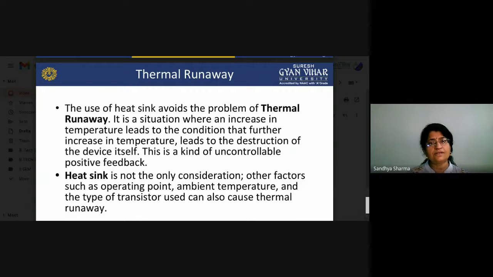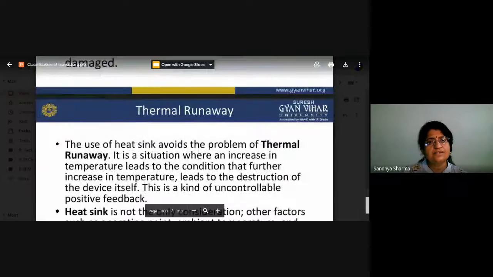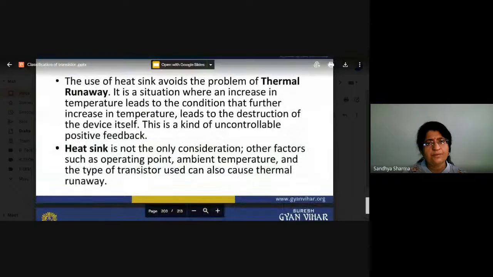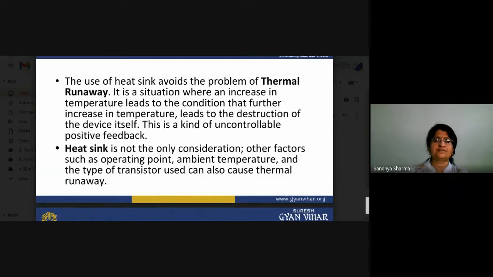So first of all, at the initial level, you have to provide your device a proper heat sink so that proper dissipation of heat occurs, and due to this your temperature should not increase. Otherwise, once your temperature increases, your device will be damaged. There are many factors to remember when using transistors in proper working conditions.